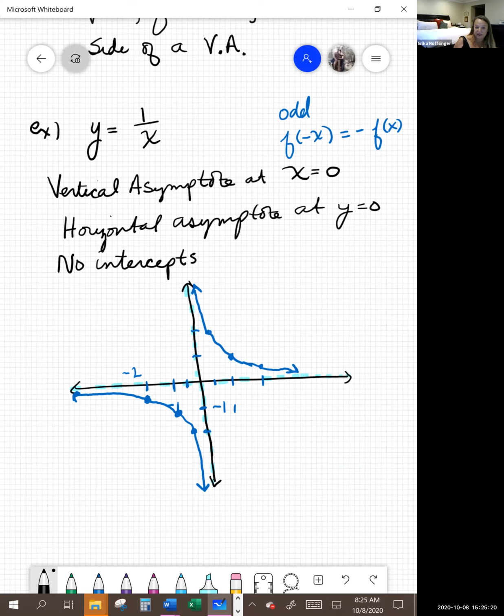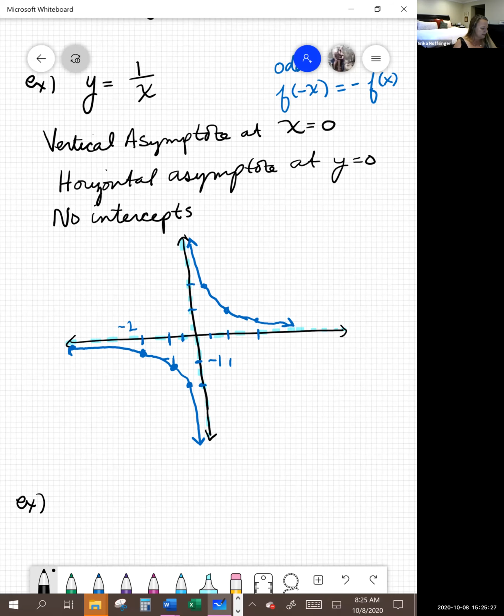So now, knowing this graph, we can use this to help us graph using transformations. Okay, so graph the rational functions using transformations.